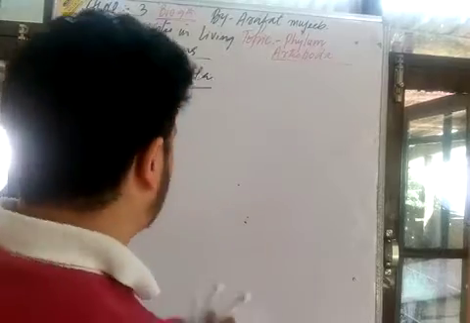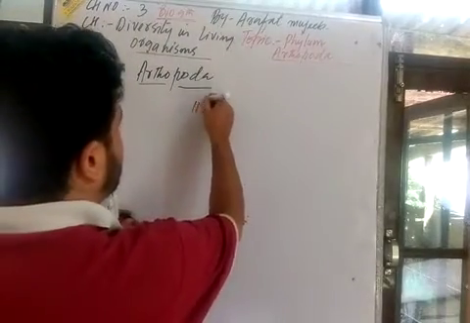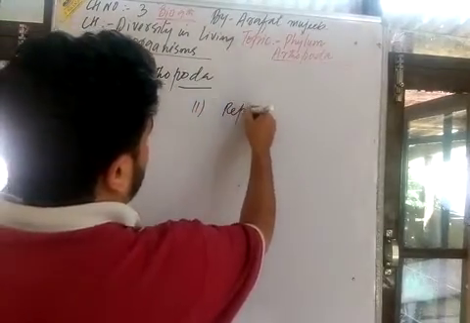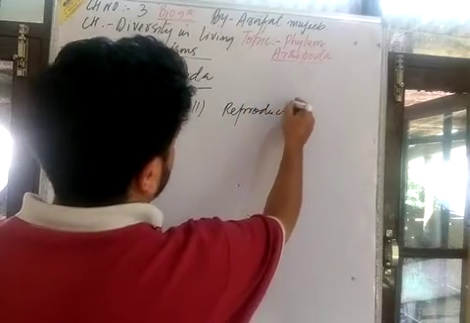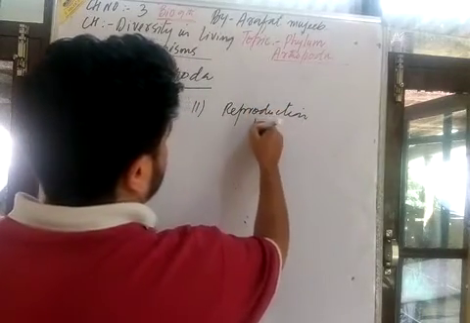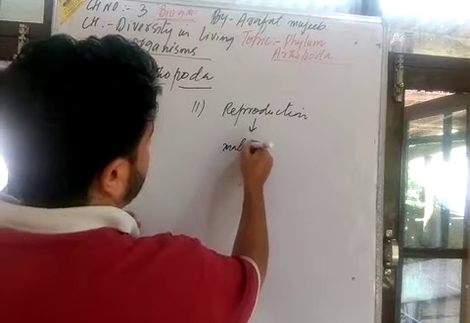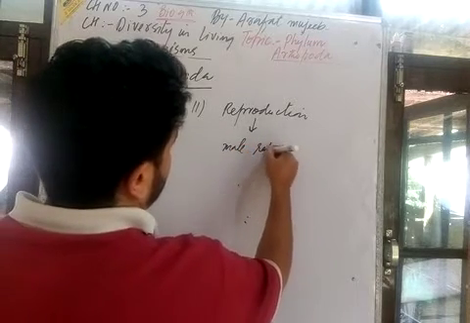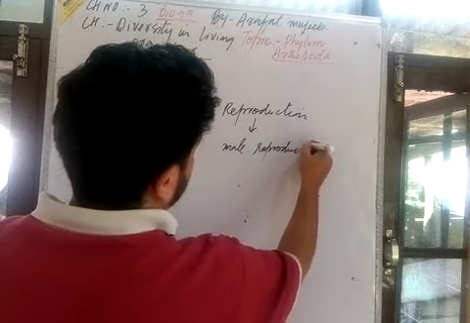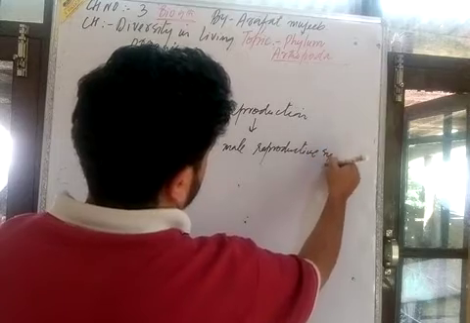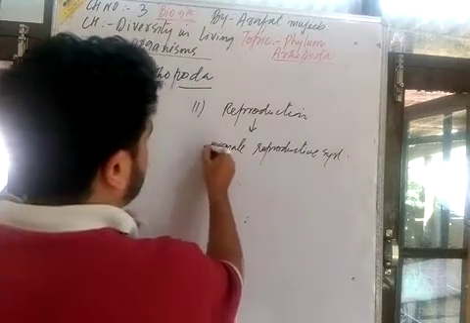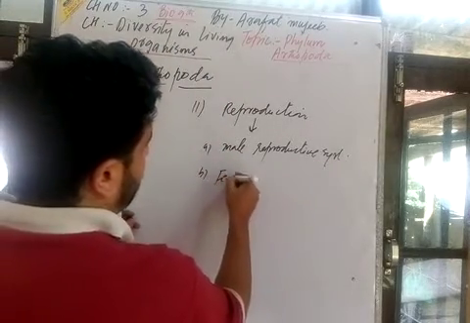If we talk about the reproduction, the 11th point is the reproduction. There is the male reproductive system and there is the female reproductive system.